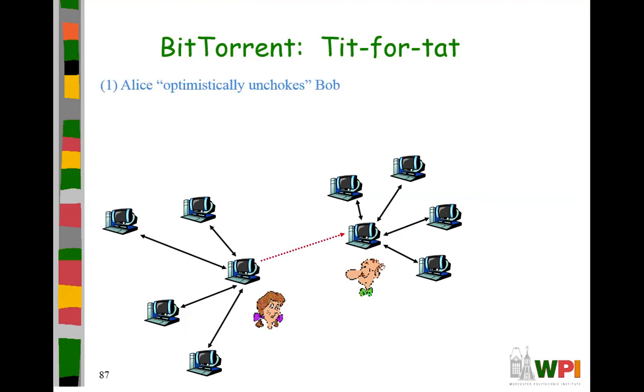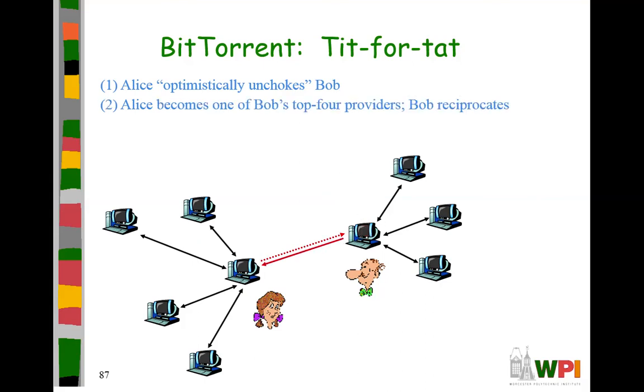So how does it work? For example, the LS has these 4 neighbors, and the LS is providing them the file, sharing the file, and it randomly selects another, Bob, and unchokes Bob randomly.